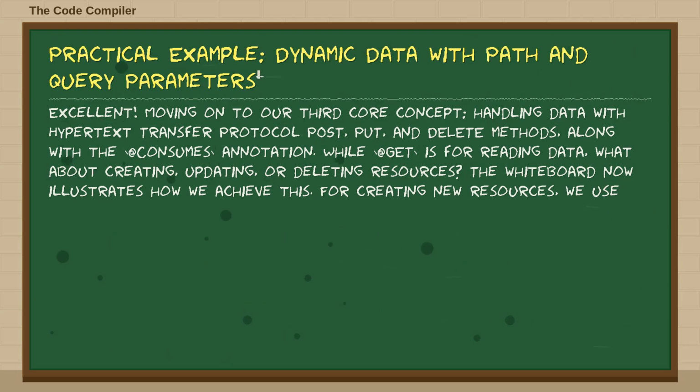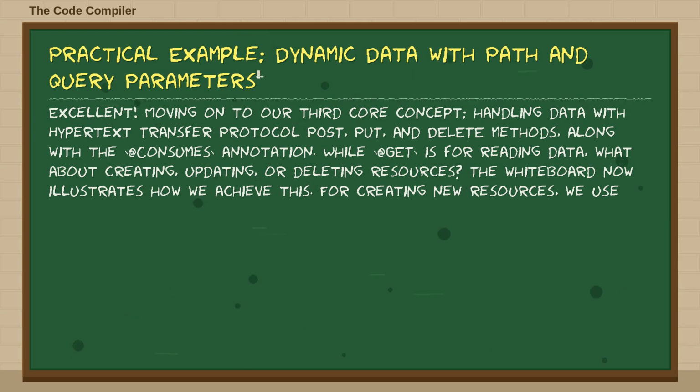When you send data to your service, you also need to tell JAX-RS what kind of data your method expects. This is where @Consumes comes in, specifying the media type that the method can accept, such as application JSON or application XML. Our code snippet now shows methods like createResource with @POST and @Consumes application JSON, updateResource with @PUT and deleteResource with @DELETE.